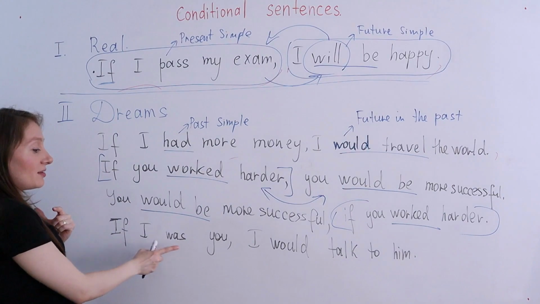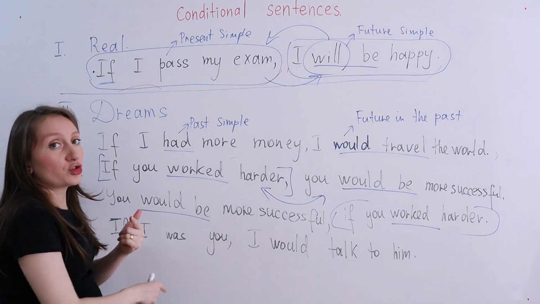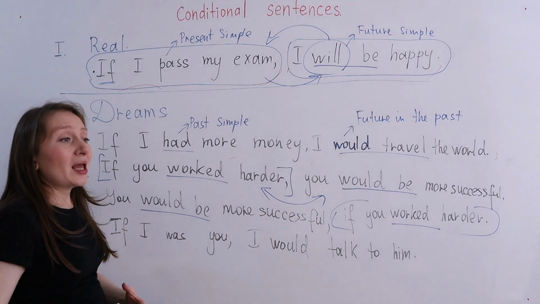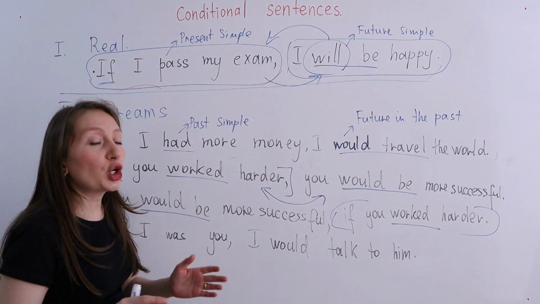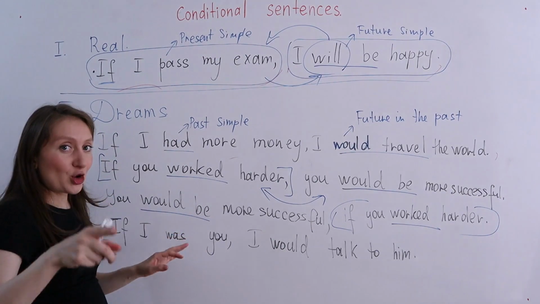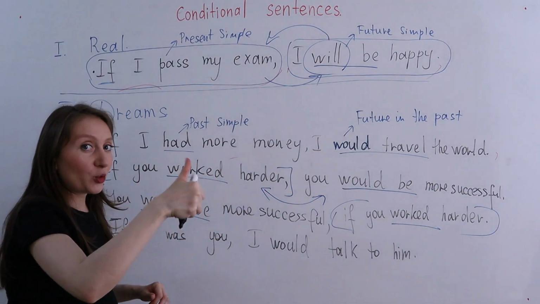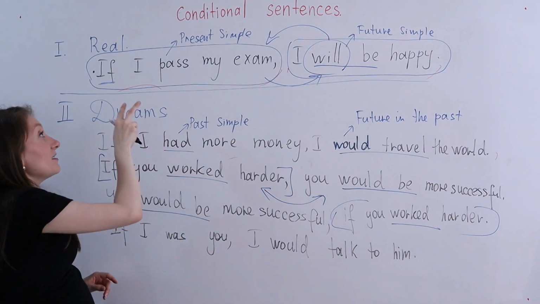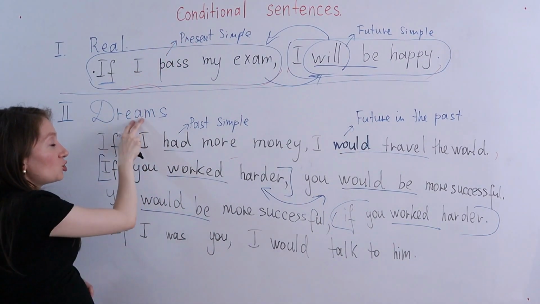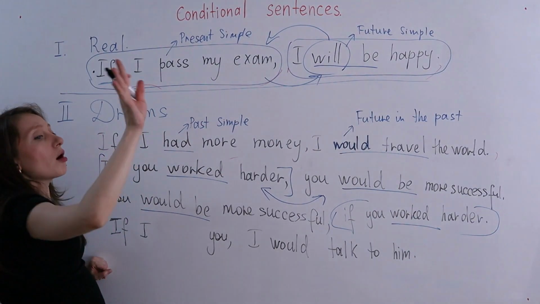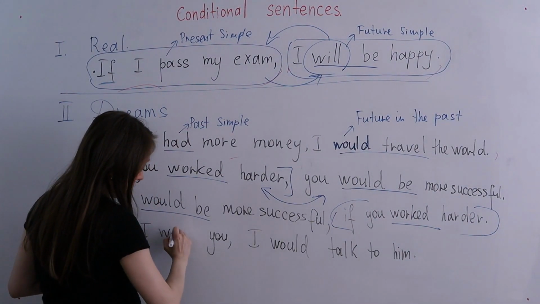So actually, this is correct, if I was you. But in conditional sentences, it's better to use were with all the pronouns. I know we use were with you were, we were, they were, right? But if it's conditional sentences, dreams, we try to use were with all of the pronouns.